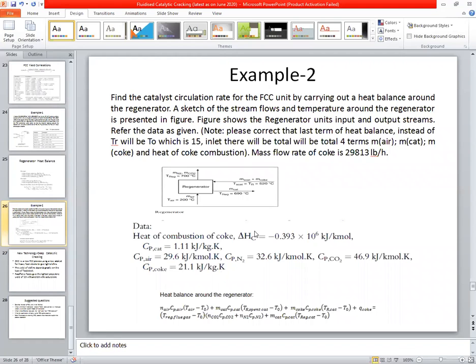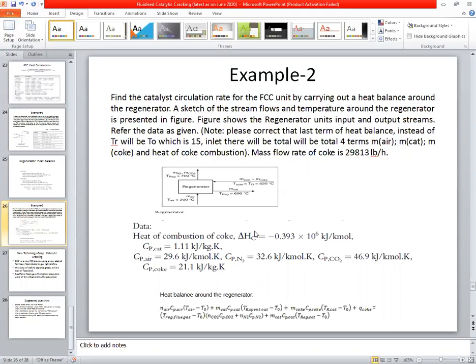Since you have already calculated the molar flow rate, you just apply our knowledge.